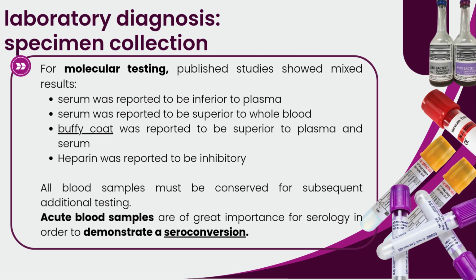A critical point to remember is that heparin can be inhibitory in molecular testing, so it's essential to consider this when planning tests. It's also vital to preserve all blood samples for potential additional testing. Acute blood samples are particularly important for serology to demonstrate seroconversion. These insights guide us in choosing the right specimens for accurate testing.